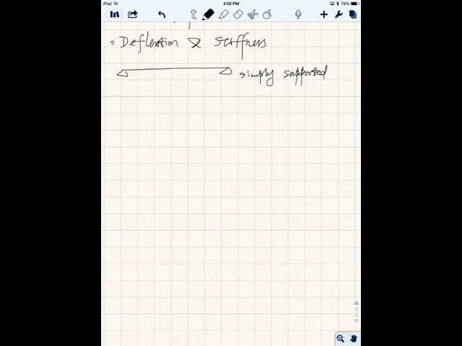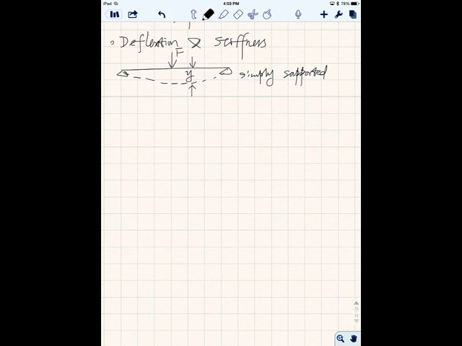Okay, now if I apply a force right in the center, you would imagine it's going to see deflection, right? Imagine this is a piece of wood, and both ends are fixed. I use my finger to push it down. It's a thin piece of wood, okay? So it's going to deflect like this, right? Okay, so the maximum distance is definitely in the center where the force is applied.